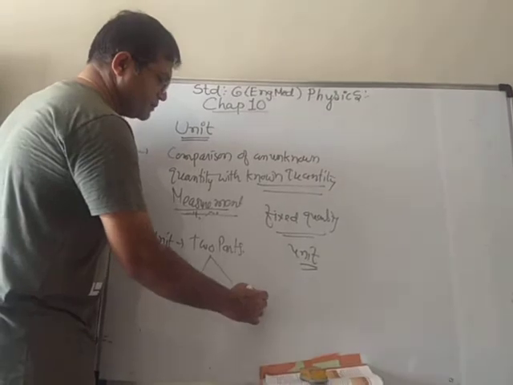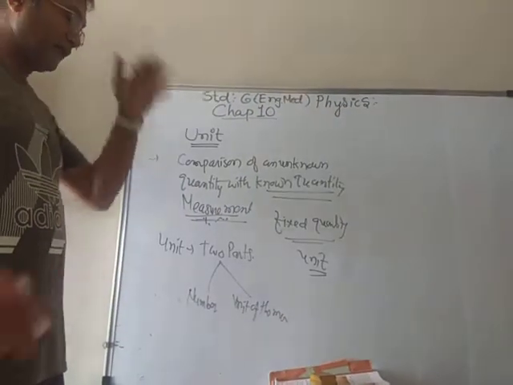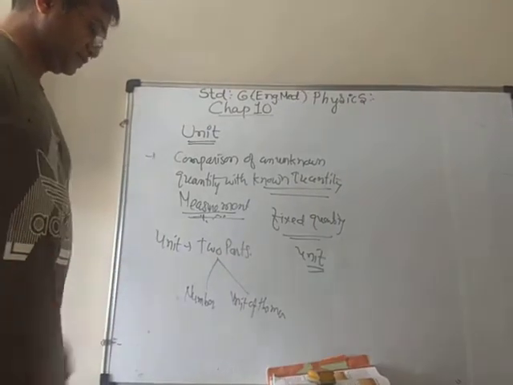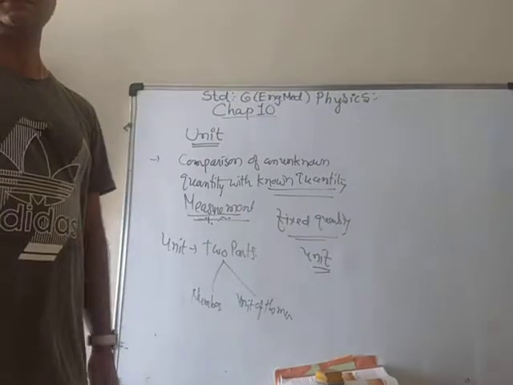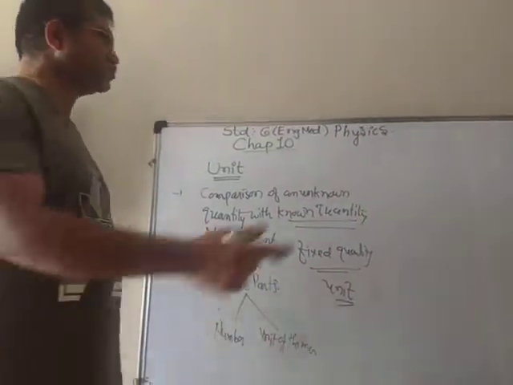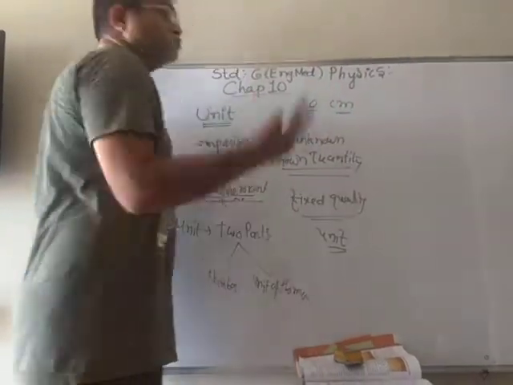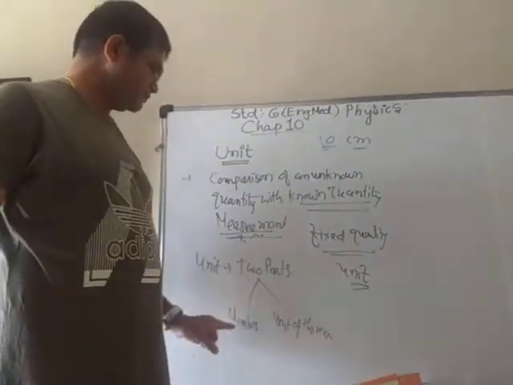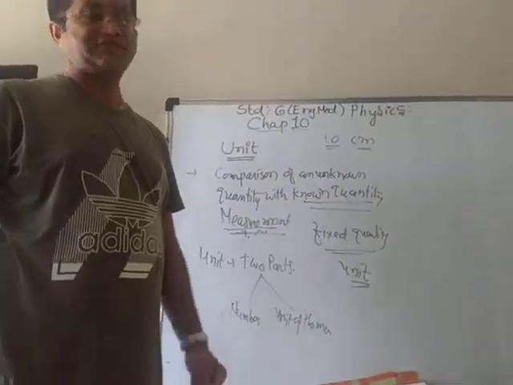Suppose now we know that for length generally we use centimeter or meter. So measurement of a length is divided into 2 parts, like 10 centimeters. So, you can see that this is two parts. 10 is the number and centimeter is the unit of that measurement.